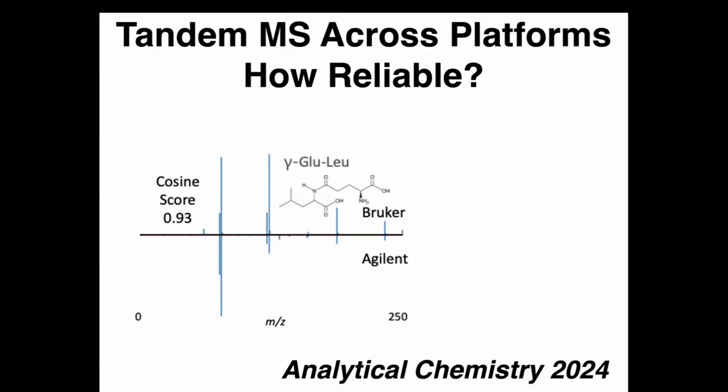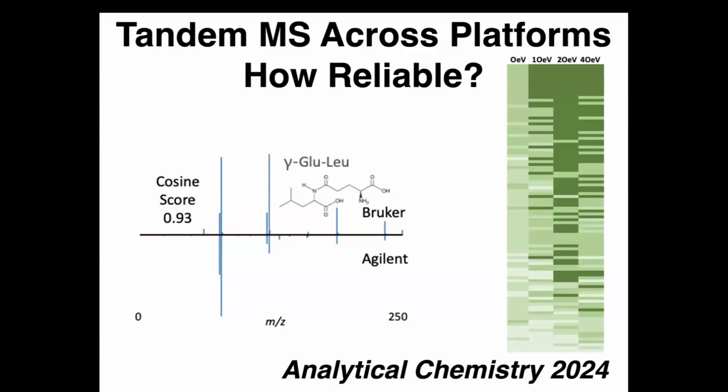Ultimately, the bottom line was that we found the best consistency in terms of the ion intensities across those 4 different collision energies was typically at 20 electron volts. So that's why we encourage people to use 20 electron volts as somewhat of a standard-based approach for doing comparative analyses.